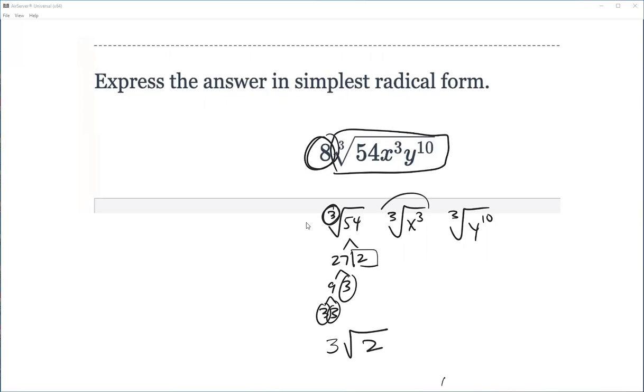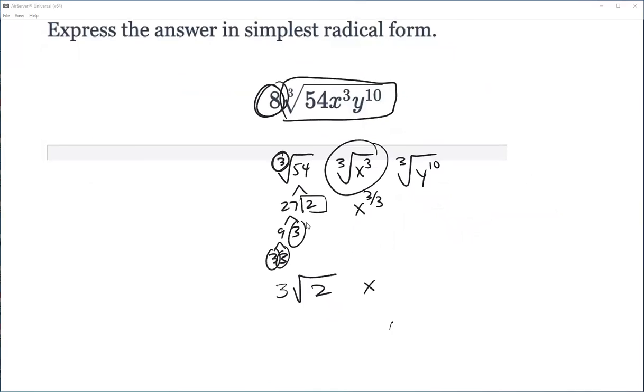Here, if you put this into a fractional exponent, it's just 3 over 3. So that's just x. Here, if I put this into a fractional exponent, we're going to have a remainder, right? So it'll be 10 over 3. You put this into a mixed number, it's 3 and 1/3.